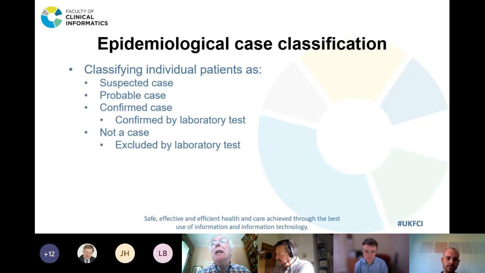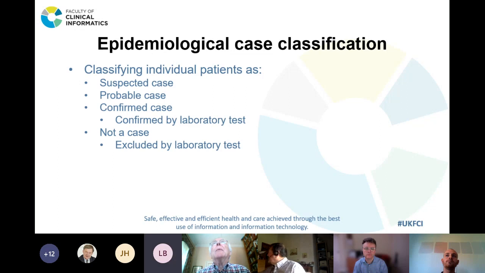A probable case is a little bit more difficult, because that would be a case that's been diagnosed on clinical grounds or possibly on scanning grounds, something like a ground glass appearance on a scan in the lungs, for example. So that's a probable case.